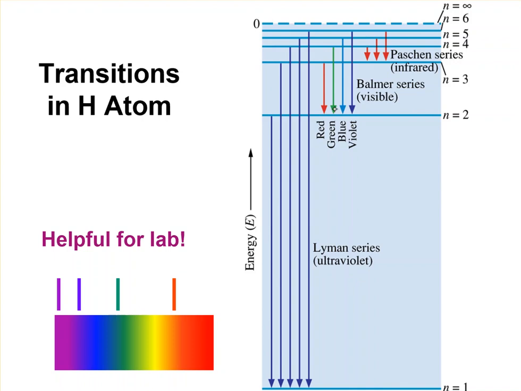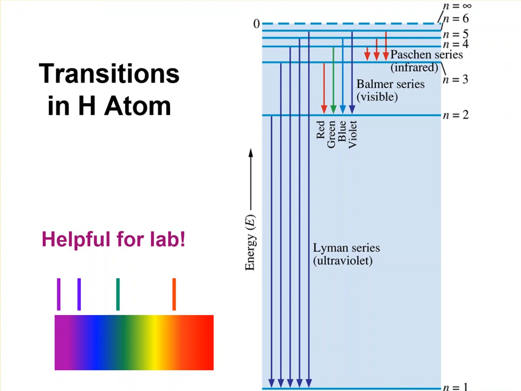And those are all higher energy than all of the transitions that end at 3. So when you're comparing transitions, the most important factor is which energy level it ends up on.